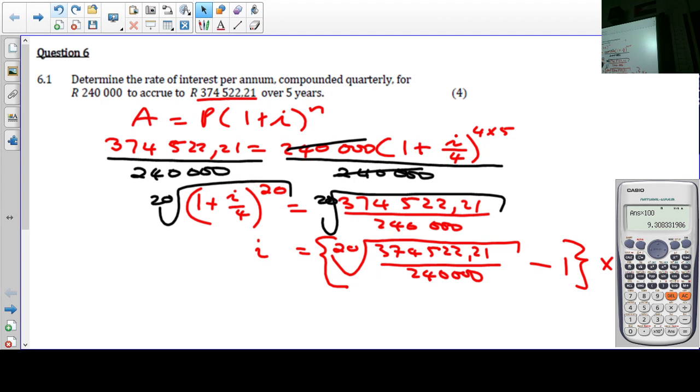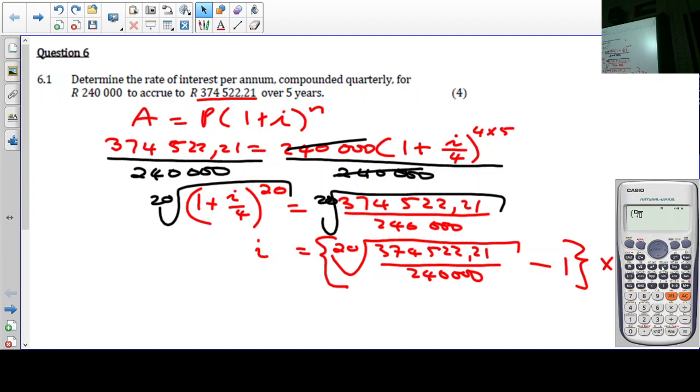So we can punch this whole thing into the calculator. Okay? Let's get this here quickly. All clear? Now the 20th root, or first the bracket.